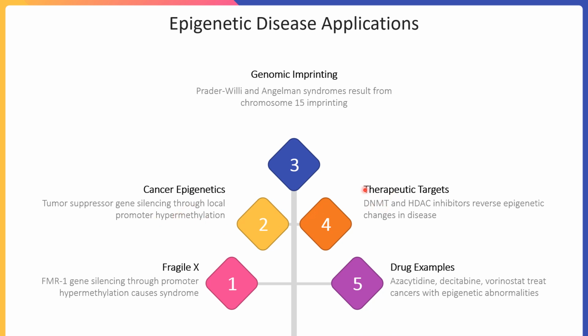If we target that enzyme, we can reduce the progression of cancer. Some drugs are produced based on this target, like azacitidine, decitabine, and vorinostat. These are the drugs used to treat cancers by reducing this epigenetic abnormality, thereby reducing the cancer burden.